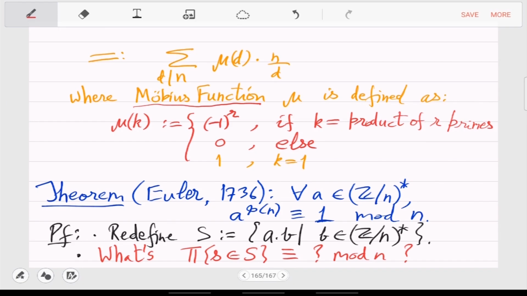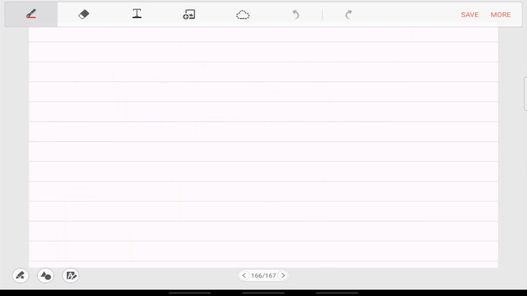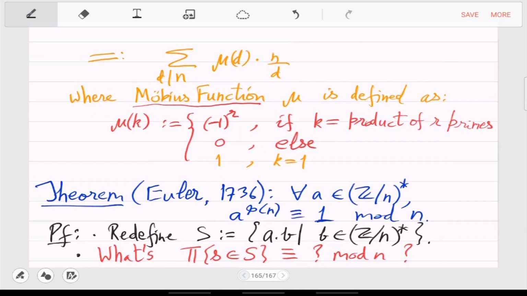So these are all the b's in Zn star, right? We bring a to the phi of n outside, and then we have the product of b's in Zn star.